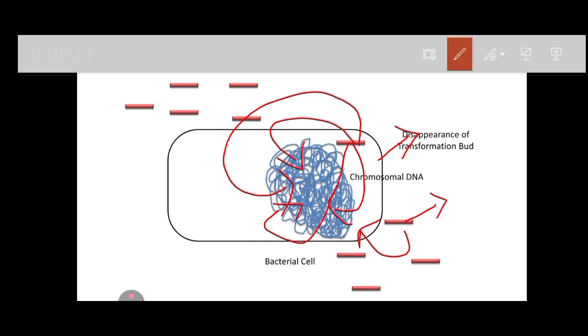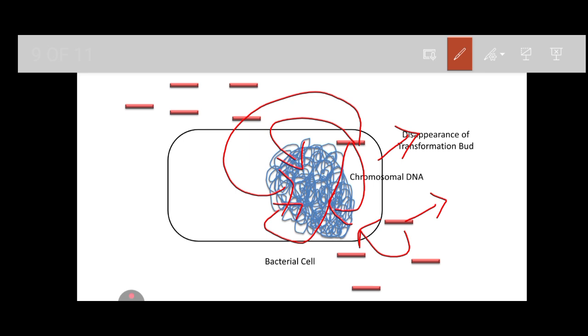After entry of the DNA into the new cell, the DNA finds a place for recombination. This process is called homologous recombination, which enables the DNA to bind with the chromosomal DNA. The process is called integration. It is facilitated by an enzyme called integrase.